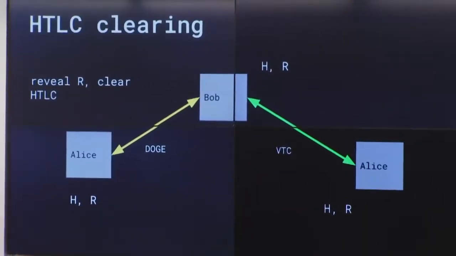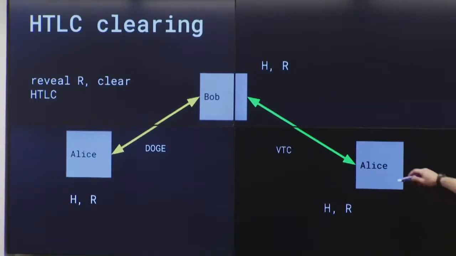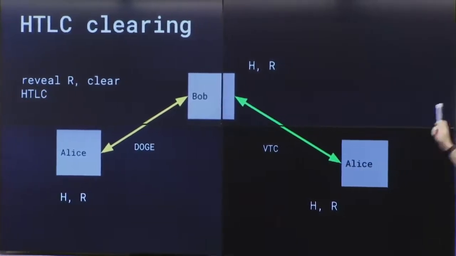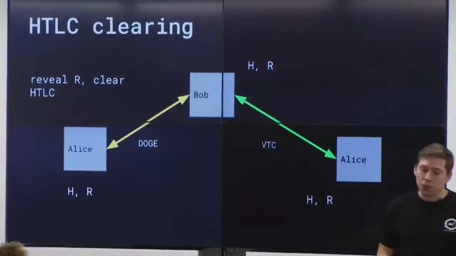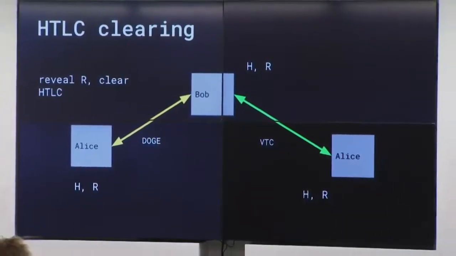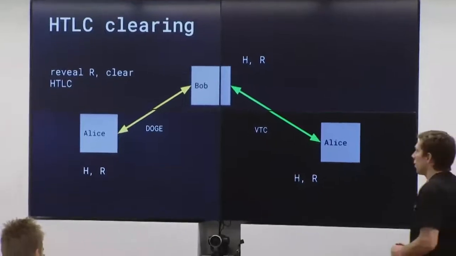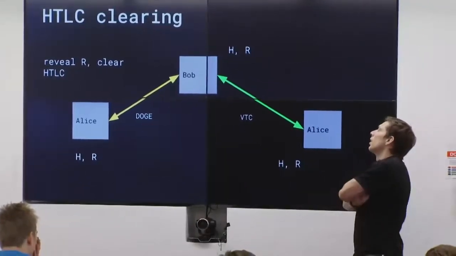There are possibilities where, say, this was Carol and she sent to Dave using Litecoin. So if you had Alice, Bob, Carol, Dave, Doge, Vertcoin, Litecoin, Alice would not have to know about anything but Dogecoin, right? So you actually only have to worry about the networks that you have channels in, even though there are secrets that could appear in others. Well, no, sorry, that's not true.